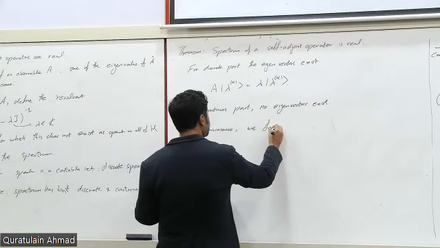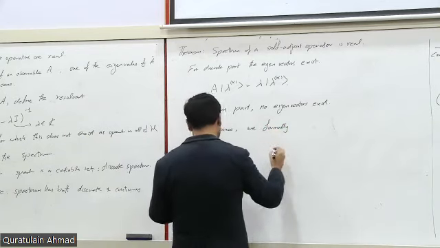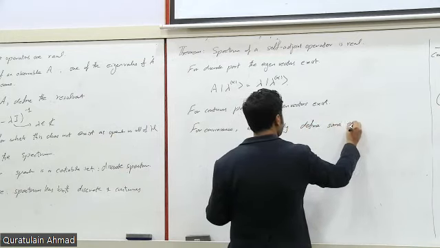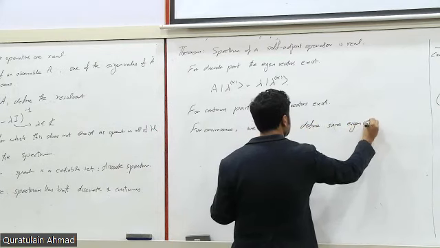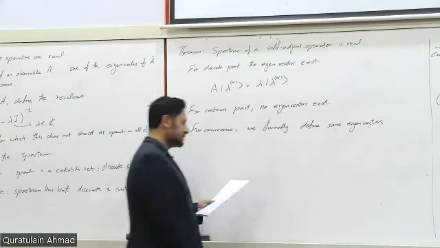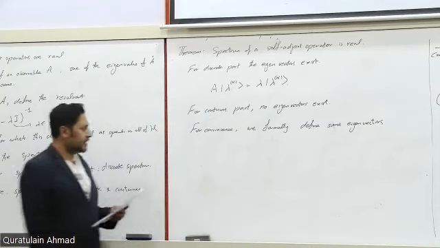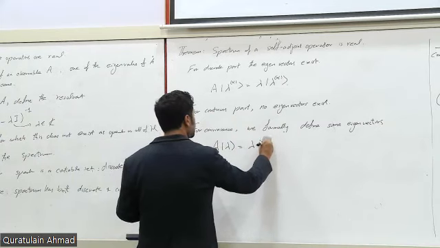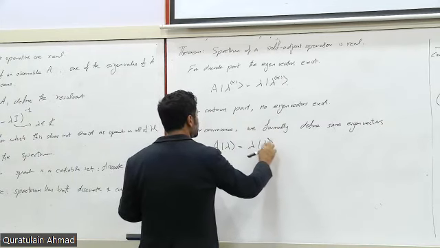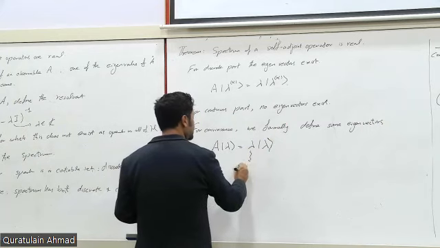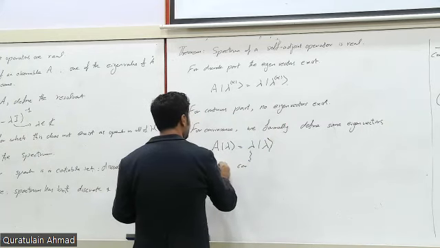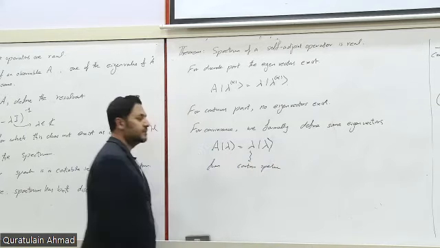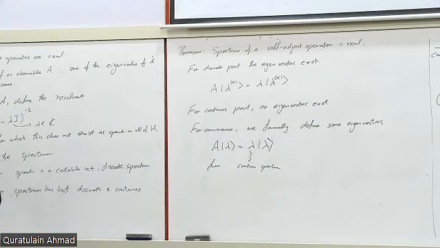So you have a discrete part, and a continuous part coming from the continuous spectrum. You still write something like that.